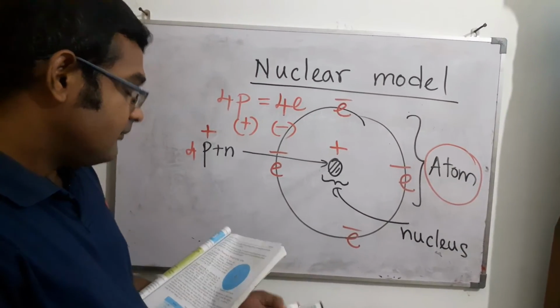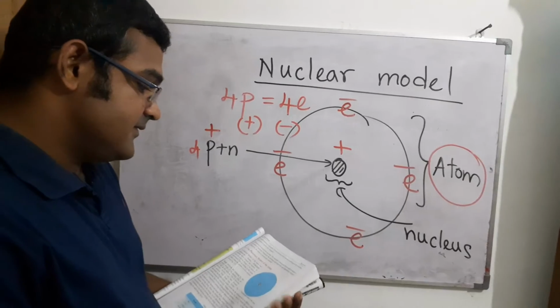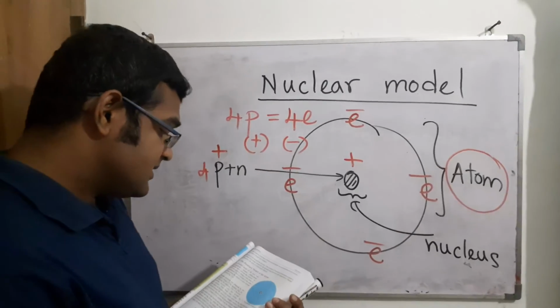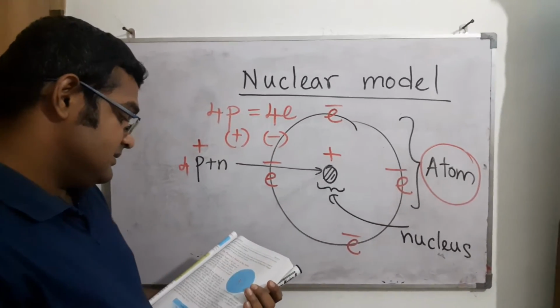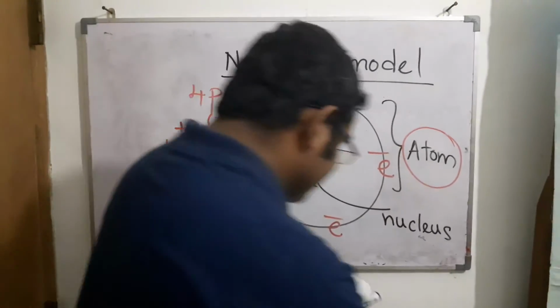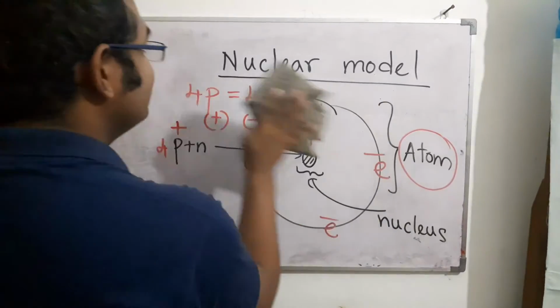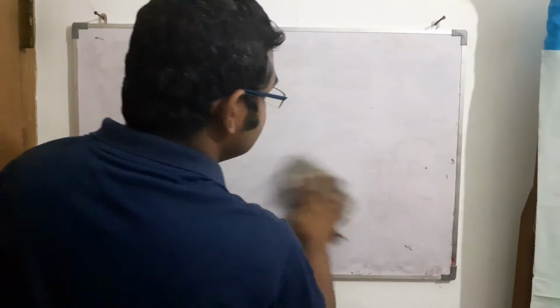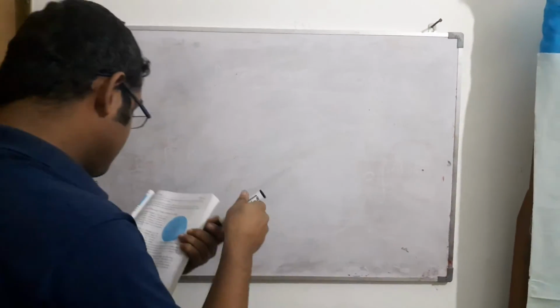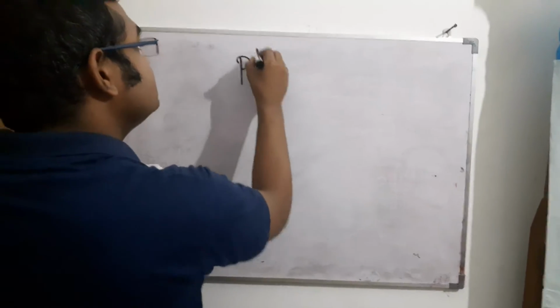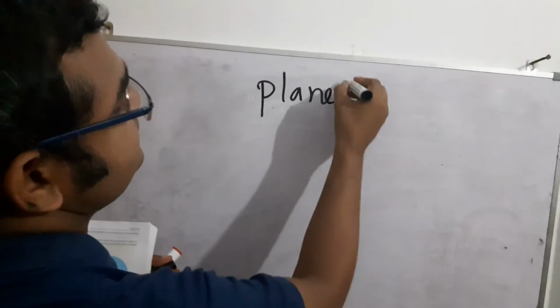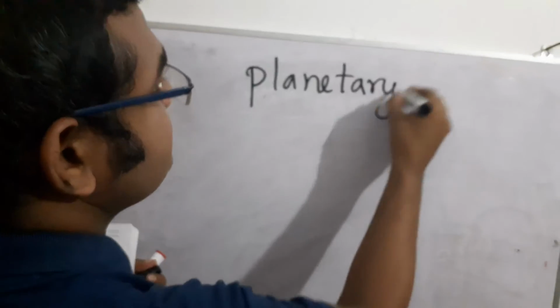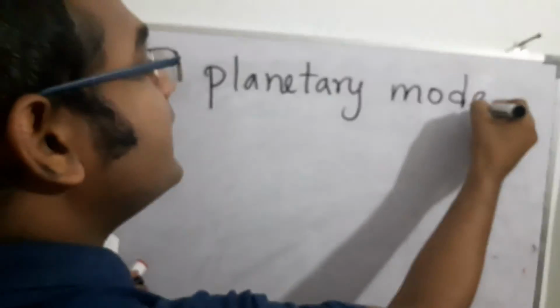Then, Rutherford himself introduced the second model, the planetary model.